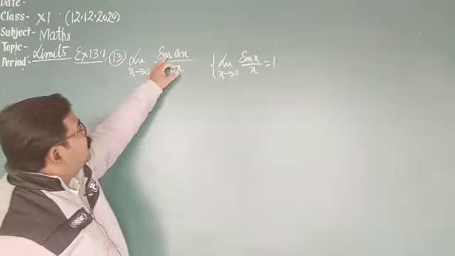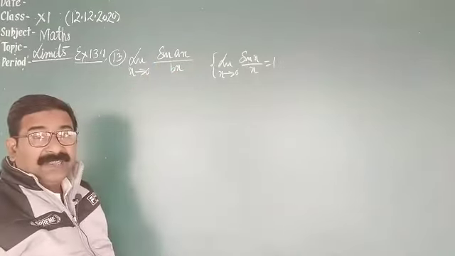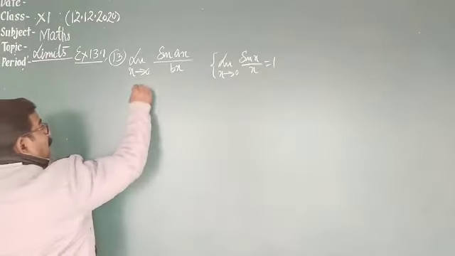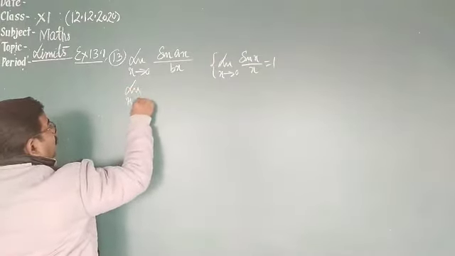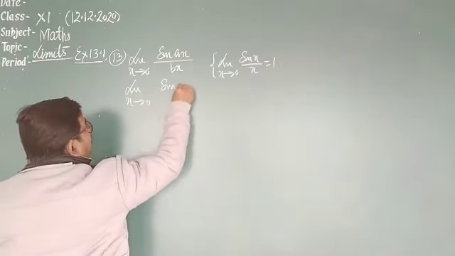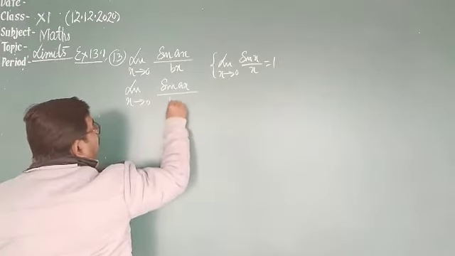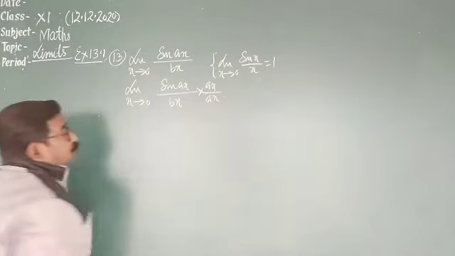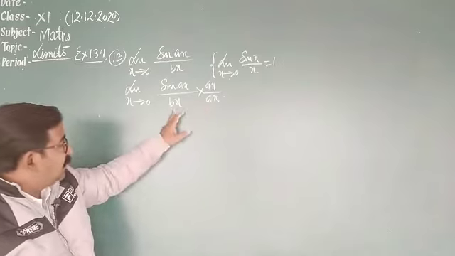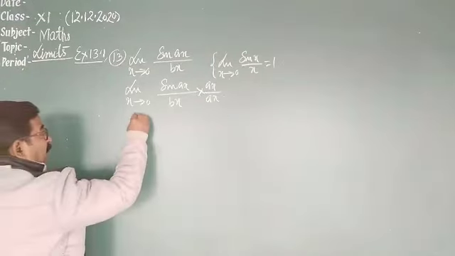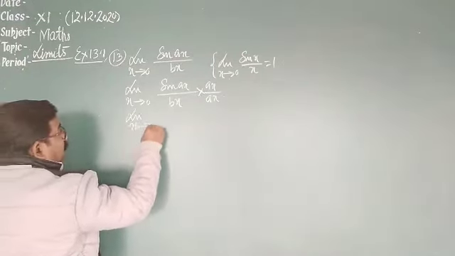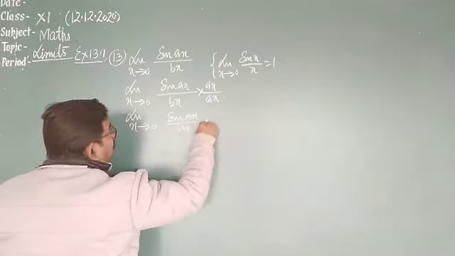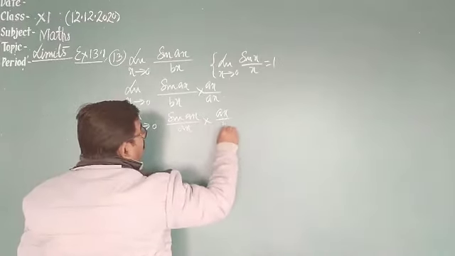So here we have sin ax. So you need ax, means we can write like this, limit x tends to 0, sin ax upon bx, multiply by ax and divide by ax. Bring this ax here, send this bx here. So we can write limit x tends to 0 sin ax upon ax into ax upon bx.